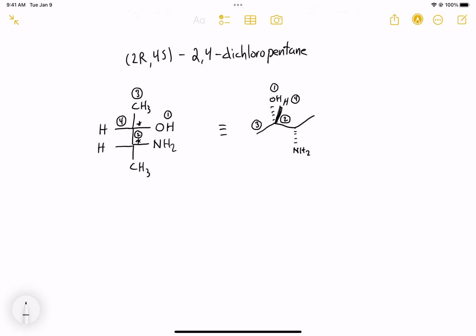Let's see here. All right. Sorry about that long pause there. Let me just double check something really quick, so I can just confirm something. So it's really tricky to convert these from Fischer to the bond line.